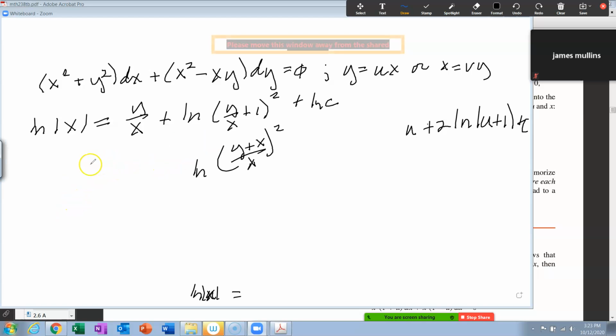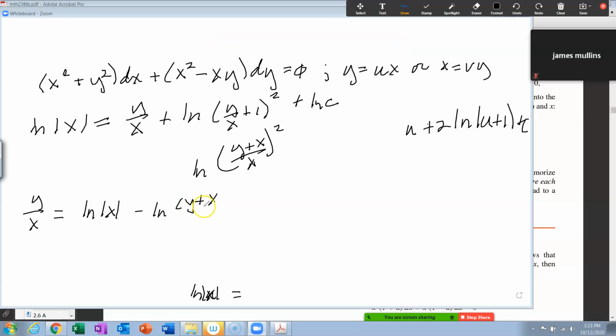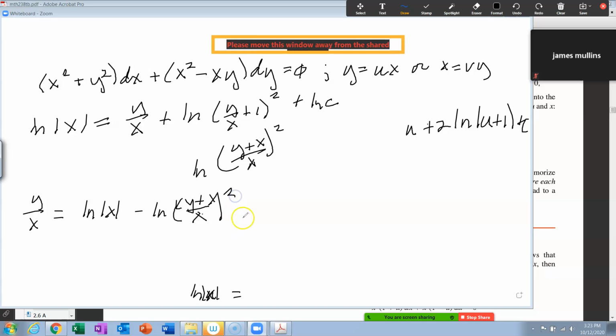What they're going to do is move all the logs on one side and leave this term by itself. So let's leave this as y over x is equal to the log of absolute value x minus the log of y plus x over x, that's really ugly, squared plus the log of c.